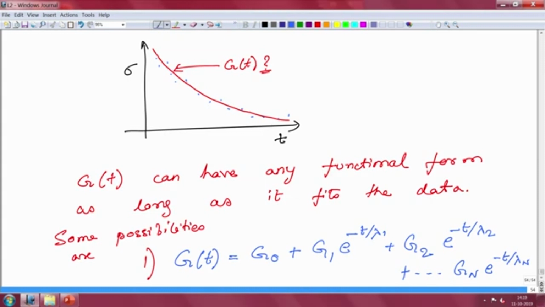When we discuss the Maxwell's model, we will in particular focus on this e to the power minus t by lambda form. We will see that it comes out very naturally for a Maxwell model. This is one possible functional form.